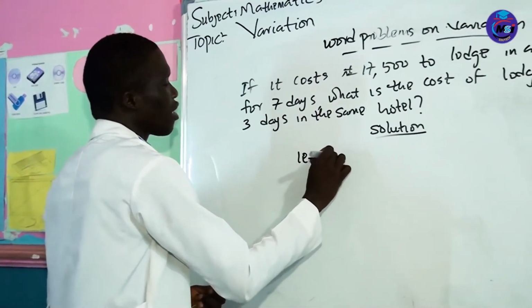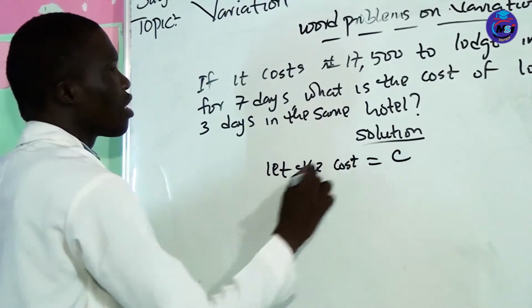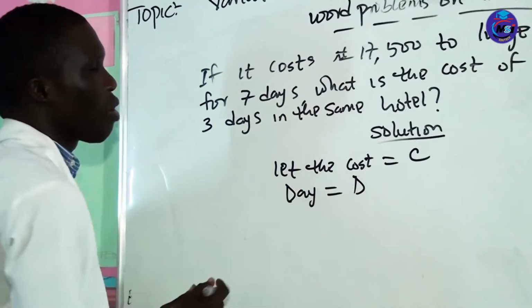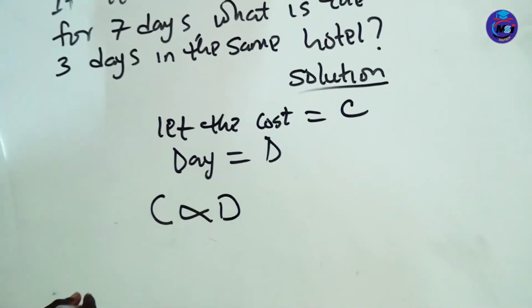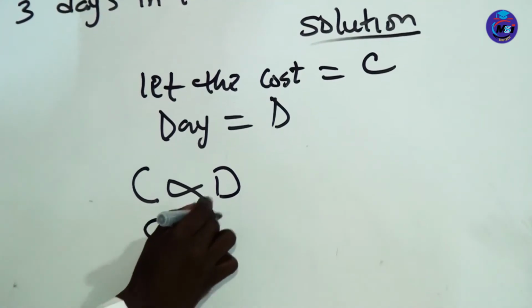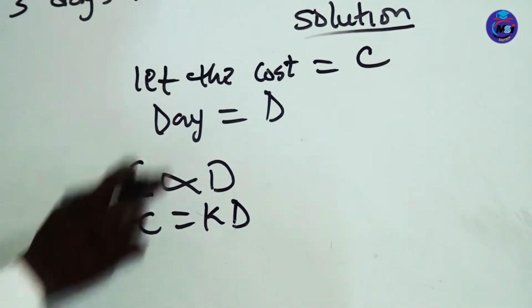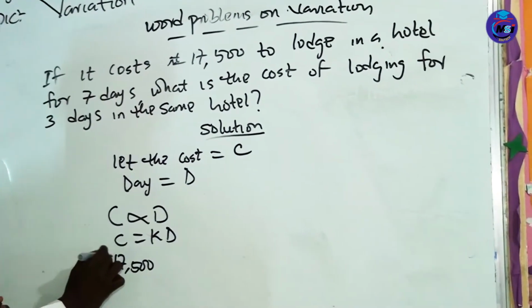Let the cost be C and days be D. So C is directly proportional to D. C equals KD. Now, our C is 17,500 naira.